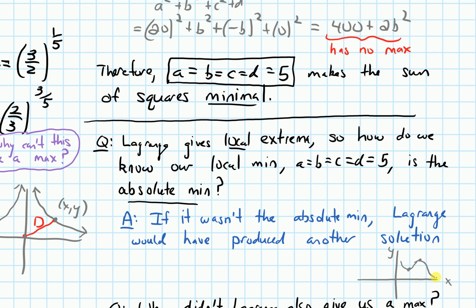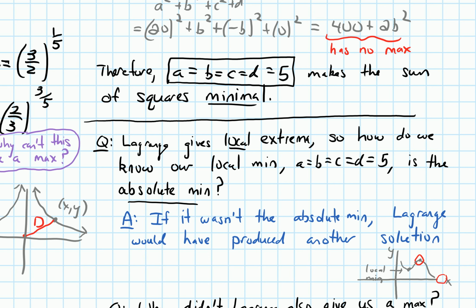Does it keep going down infinitely, or does it just need to go below this local min point? For it to go below that local min point, there would have to be another place like this, where it changed direction to go lower, and it would have given me a local max point. It might have also given me some point over here where it had another local min.